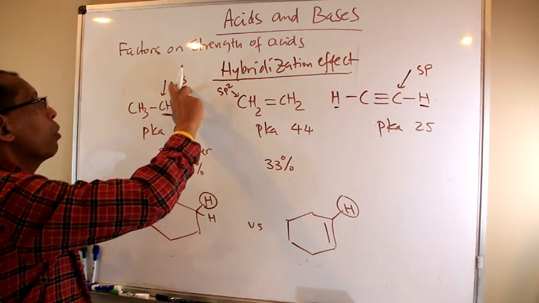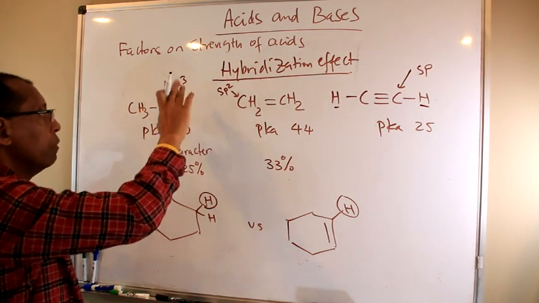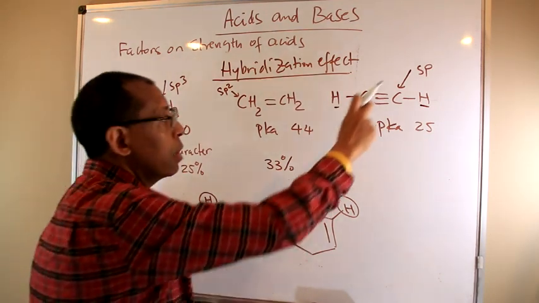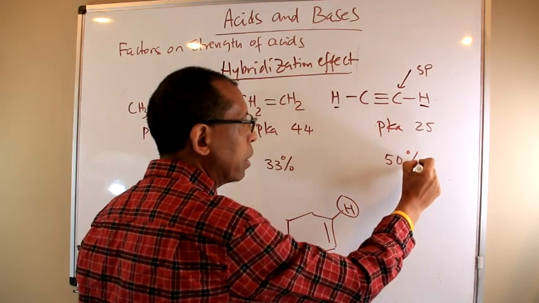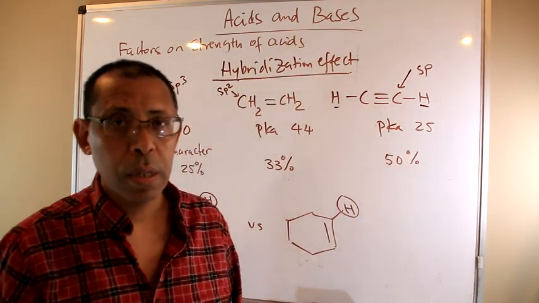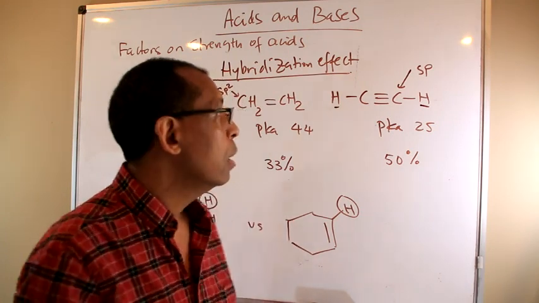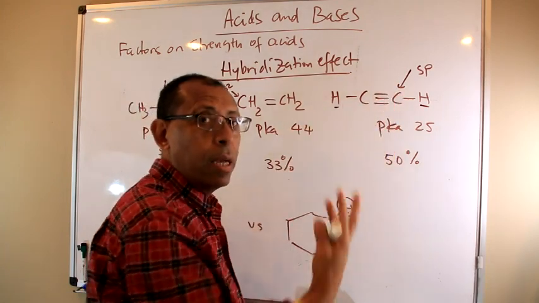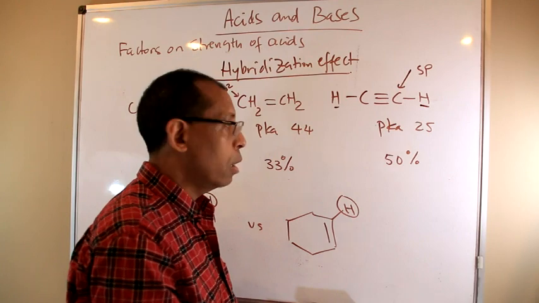If you have these four orbitals of the sp3 on carbon, 100 divided by 4, you have 25%. Here the S character is 50%. So as S character increases, the electronegativity of that atom increases. Therefore, this carbon can easily carry the negative charge when it dissociates into its conjugate base.